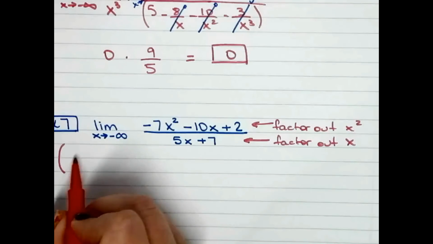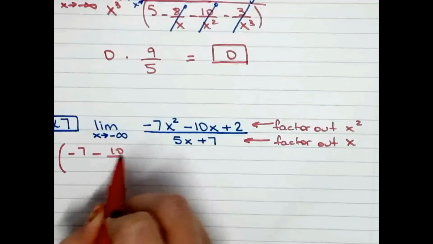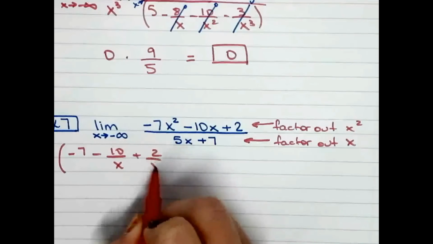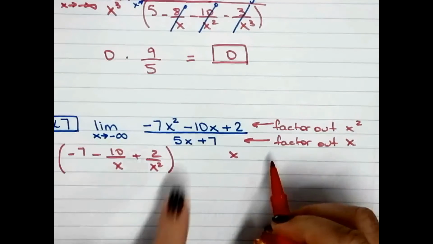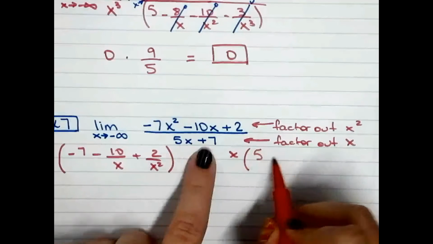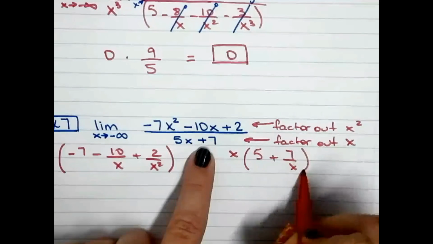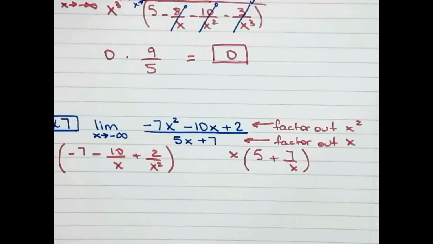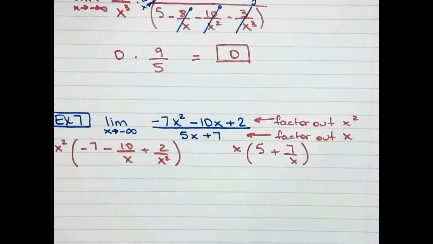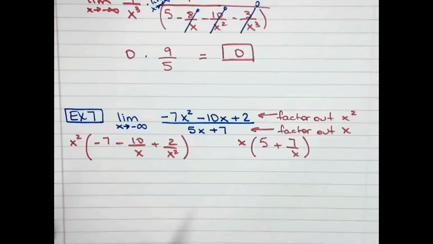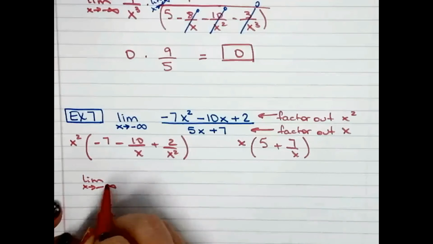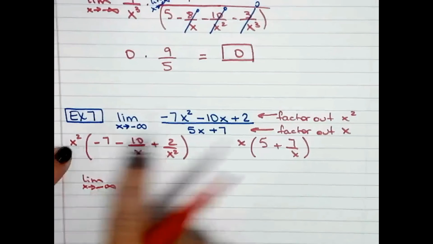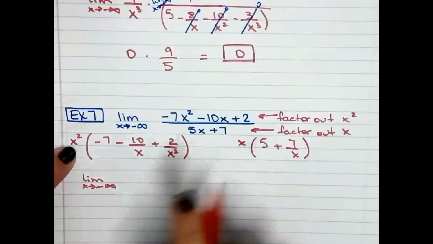X squared is negative 7 minus 10 over x plus 2 over x squared. And then I will factor out x from the denominator. So 5 plus 7 over x. And then I will do the split of two limits right here. So I have the limit as x approaches negative infinity of numerator over denominator.